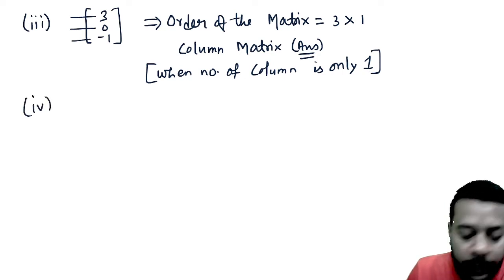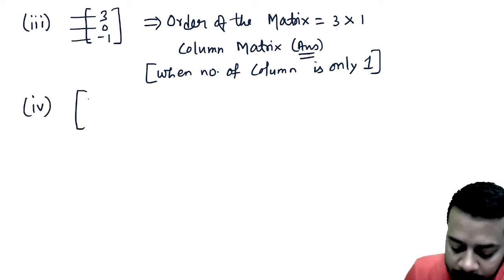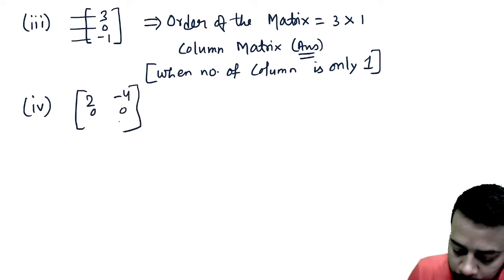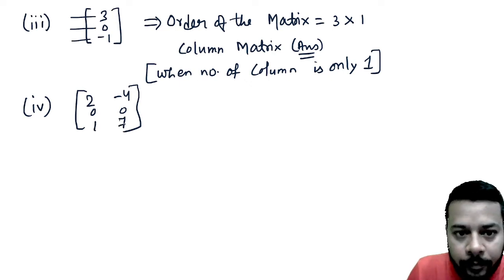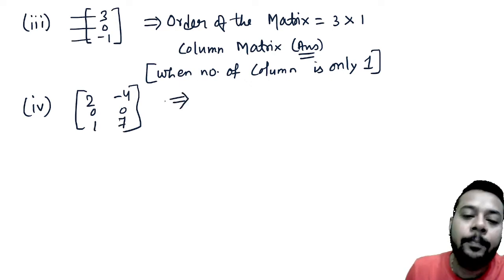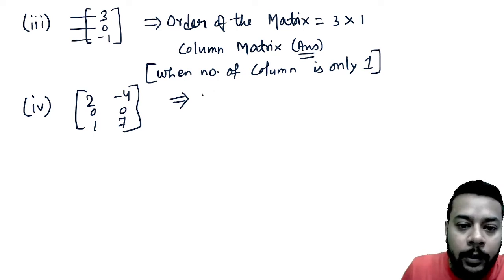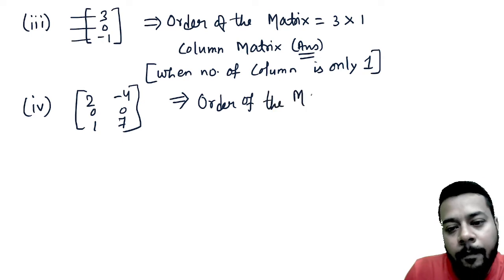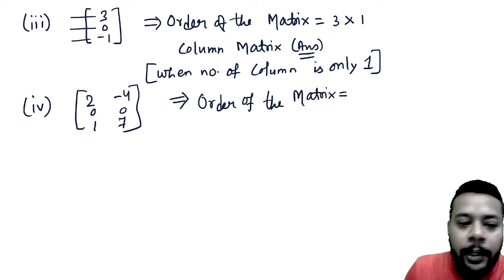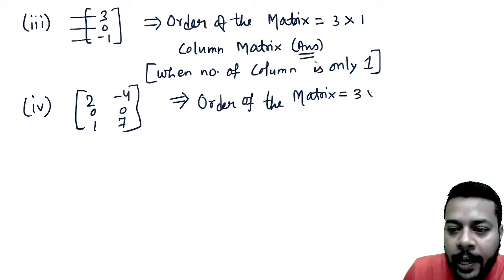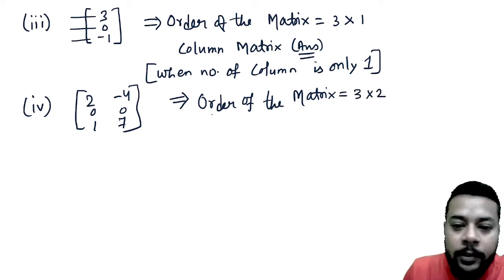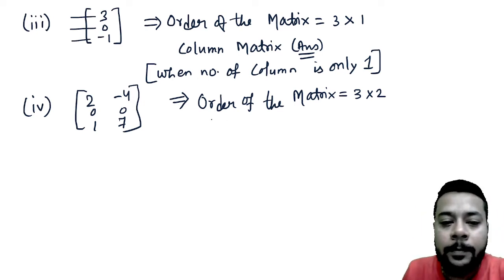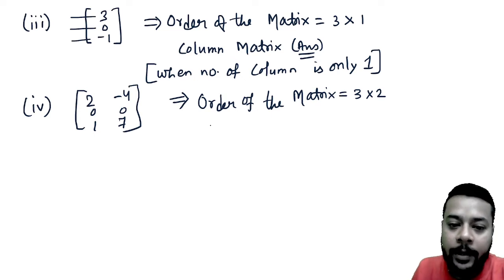Moving to the next subpart number 4. Here the matrix is 2, -4, 0, 0, 1 and 7. Now try to understand this. Here, the order of the matrix first of all as usual will be what? It is total 3 rows and 2 columns, right? So neither is there one row, nor one column, nor are the rows and columns the same as in a square matrix.